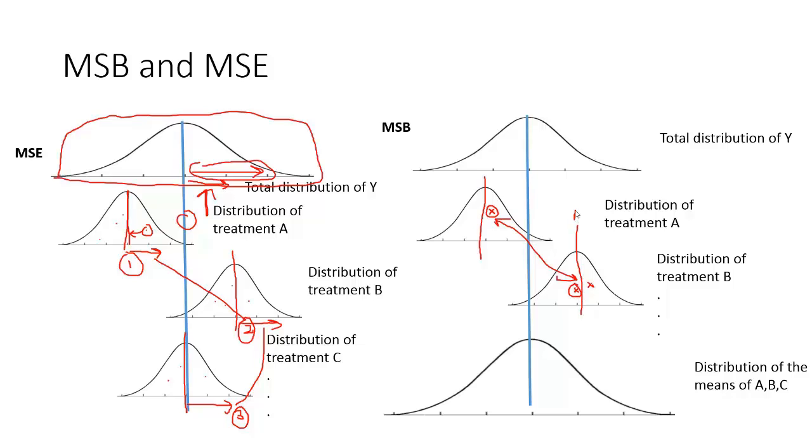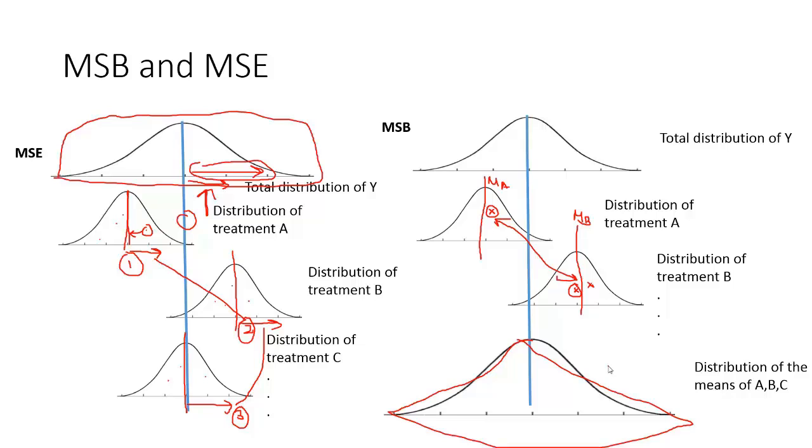The true means themselves are different, right? So the distribution of the sample means is going to be a much wider distribution because the means are not equal, right?